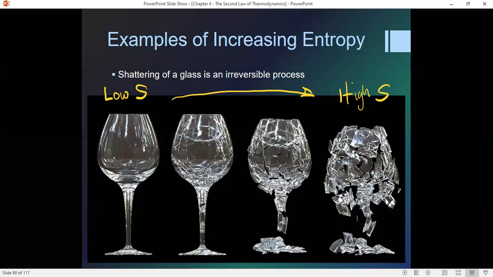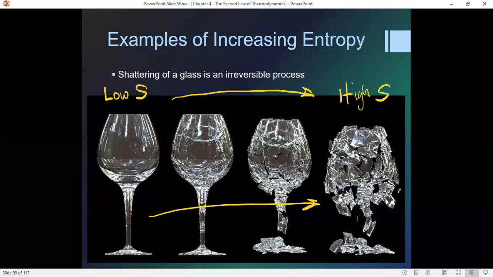Now, what is the difference between the photograph on the left and the photograph on the right, or the images from left to right? Well, this process is irreversible. So whereas we can go from left to right in this diagram, we certainly can't go from right to left.